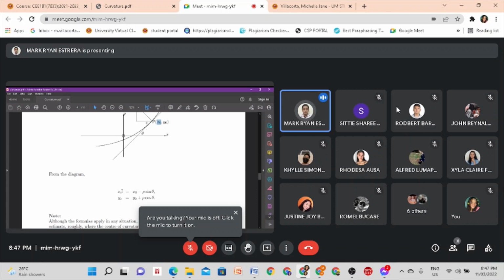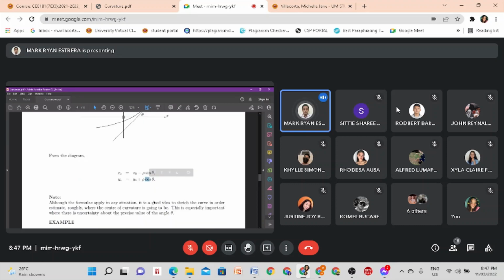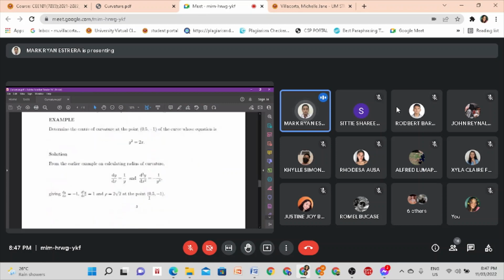So again, you have this xc that is equal to xo, the given point earlier, minus the radius of the curvature, sine of theta. That's all. And then you have this yc that is equal to yo plus the radius of curvature obtained, cosine of theta.